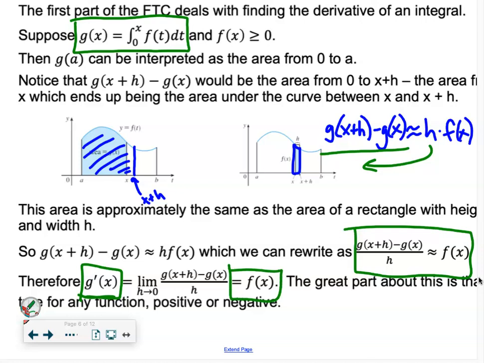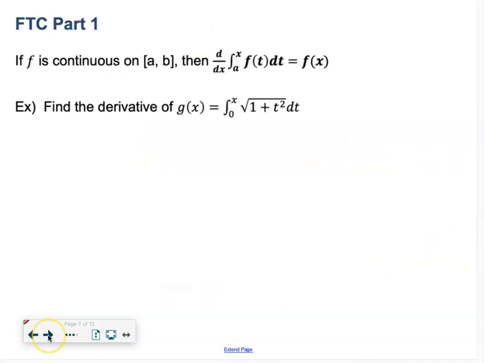And that's the fundamental theorem of calculus. This is it right here in nice print. It's kind of weird, but this is the beginning of the fundamental theorem of calculus, because we're going to expand it to a more general case in a minute.